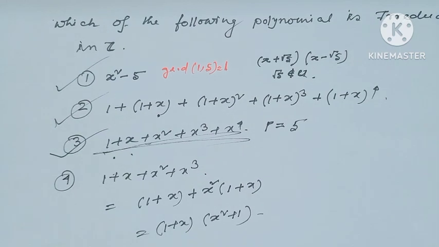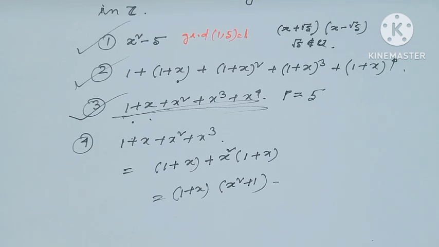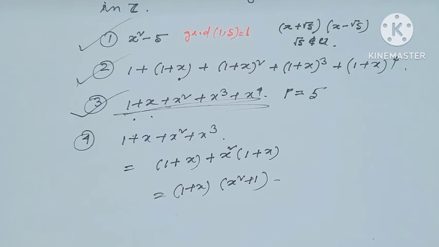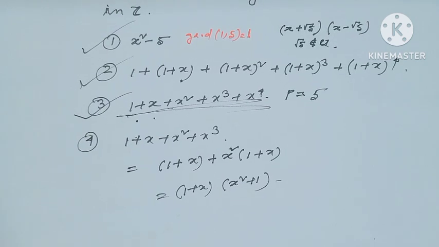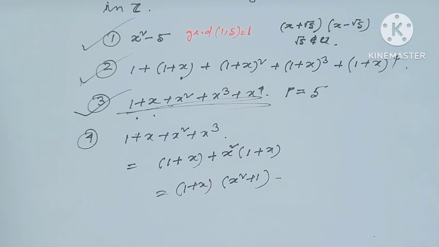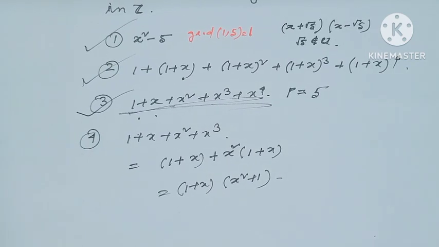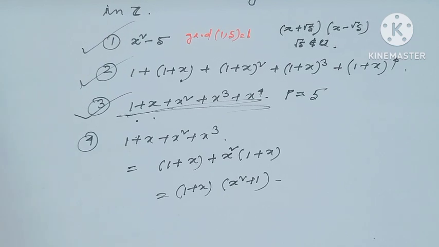Therefore, we can reduce this polynomial 1 plus x square plus x cube as (1 plus x)(x square plus 1). So this polynomial is reducible. And since this is reducible in Q, obviously this is reducible in Z because this polynomial is primitive. Okay.